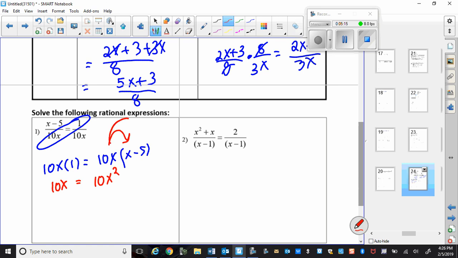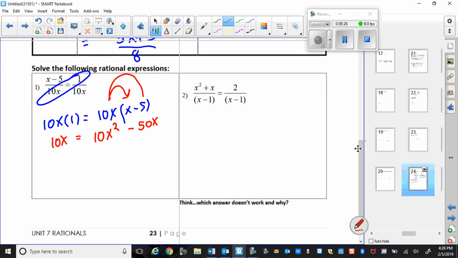And then 10x times negative 5 is negative 50x. I'm going to add 50x to both sides to get like terms on one side. All right. From left to right, 60x equals 10x squared.